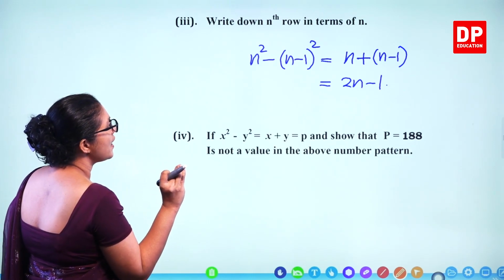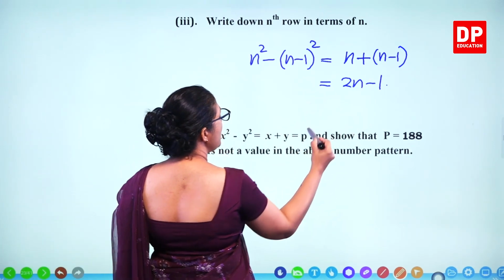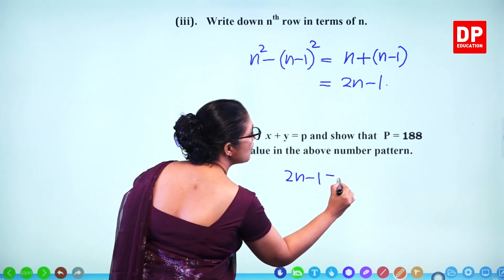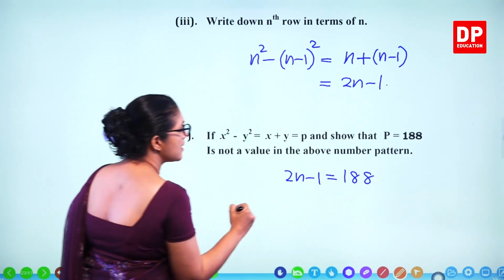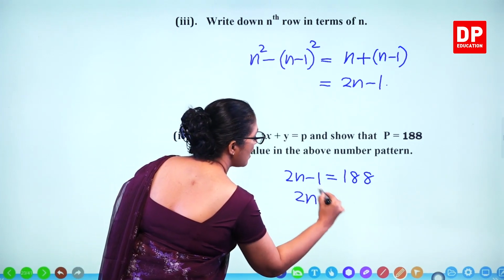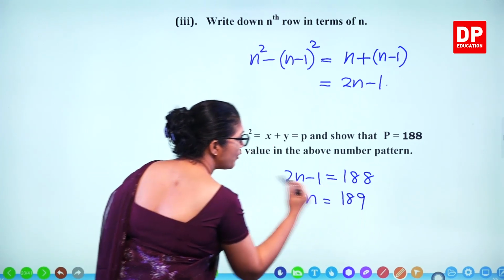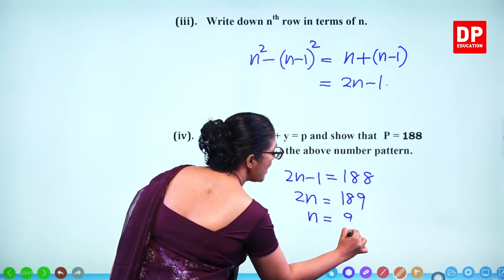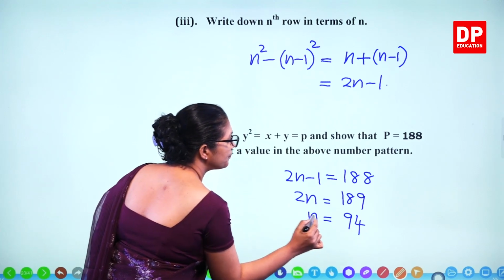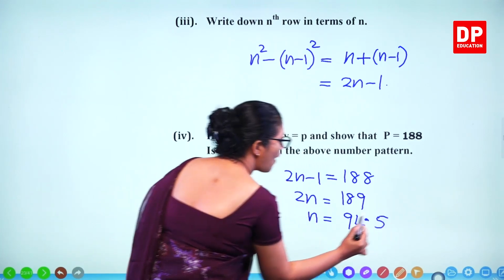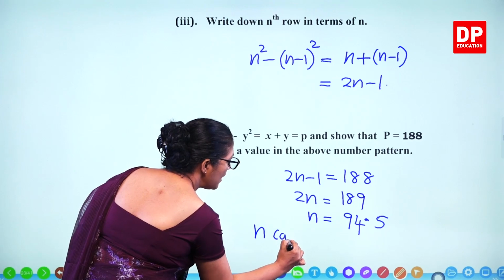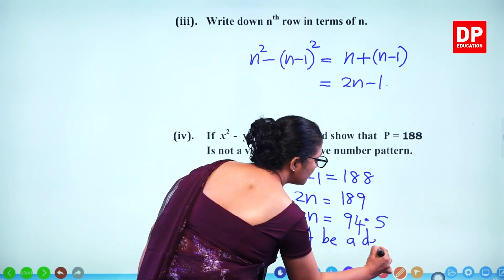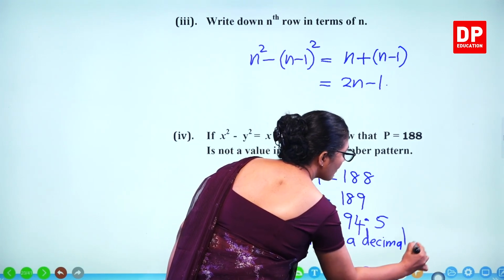So we'll first find out p is 2n minus 1. So we can equate 2n minus 1 equals 188. 2n equals 189. That's an odd number. You can't divide by 2 evenly. You get 94.5. n cannot be a decimal value.